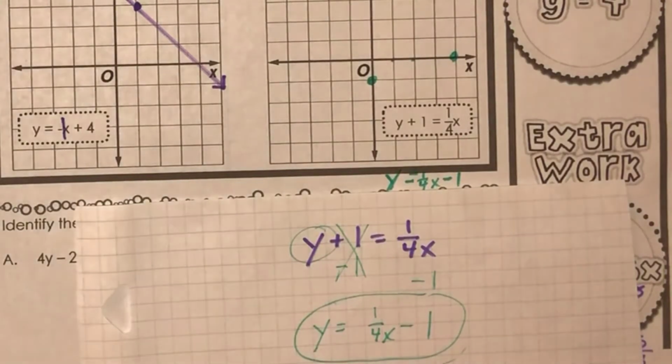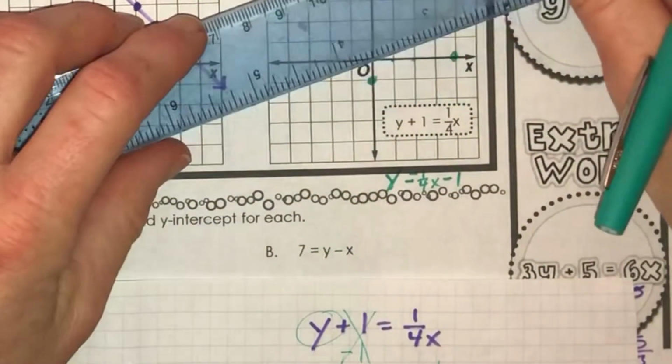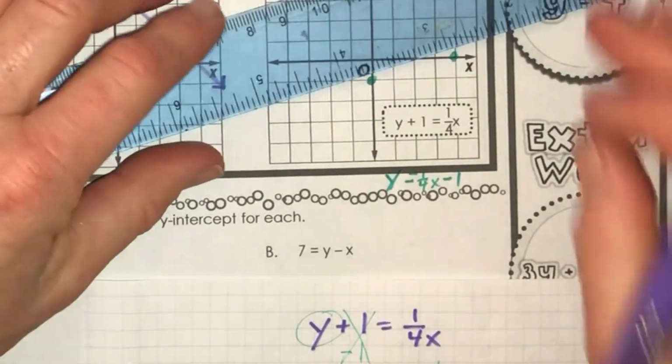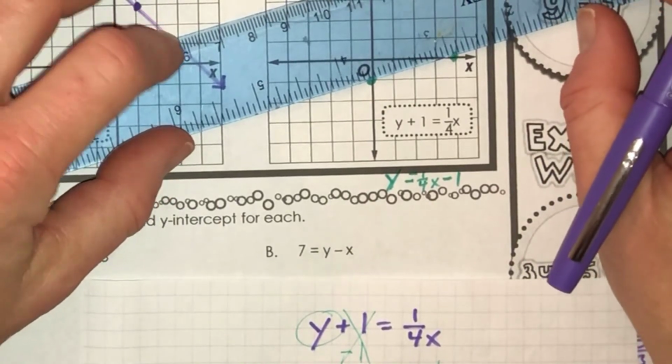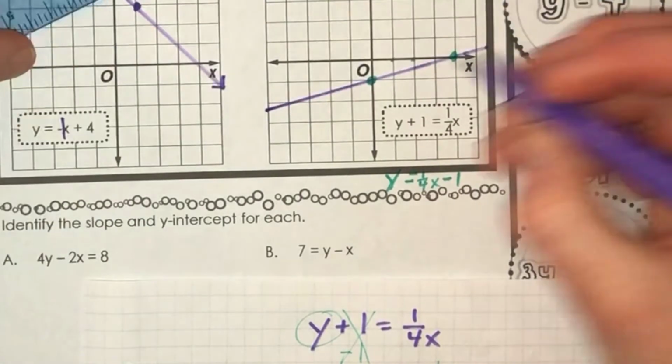You can ask me questions afterward, but you can never get back exactly what I said. Whereas with a video, you can rewind it as many times as you want, and you can look exactly at what I have at any given point. So make sure you do that. Let me get my purple back out so at least I'm consistent. And now I can draw my line.